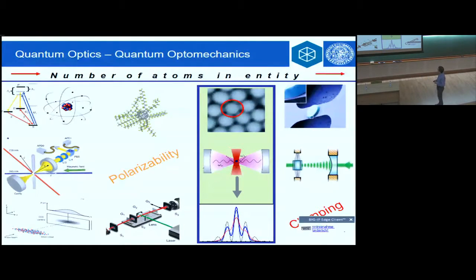And in between here lie these nano and microparticles in size. And it's somehow an interesting size range because the polarizability of these dielectrics is already so big that one can hold them in optical traps. So one has essentially a mechanical oscillator, like the clamped oscillators one looks at in cavity-optomechanics.